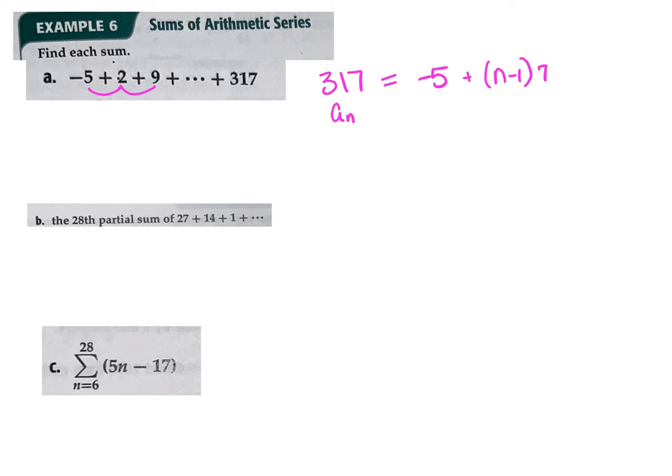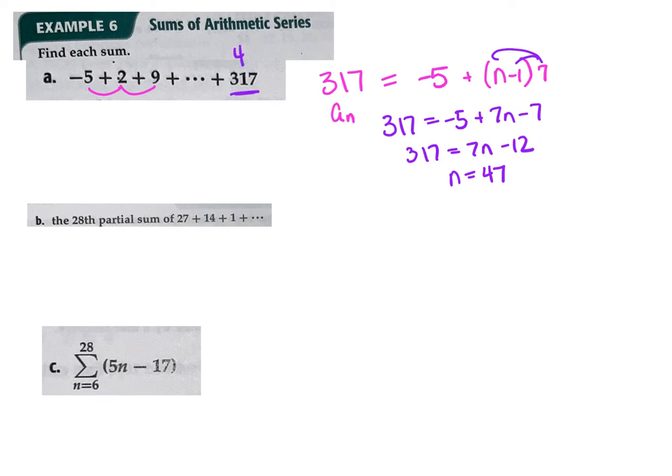7, all right? And so if I'm going to solve this, I can just distribute through. 317 equals -5 plus 7n minus 7. 317 equals 7n minus 12. We add 12 over and divide by 7. We're going to get n equals 47. So I know that this guy is the 47th term. Does everybody see that?